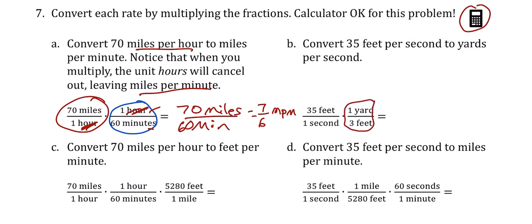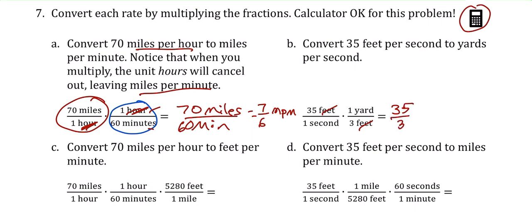Once again, it's set up for us. 1 yard is the same as 3 feet. So that is just something that's really important to know, is that 3 feet in 1 yard. So we're multiplying by 1 again. And the reason we chose that particular ratio is that the feet over the feet is just 1. The 35 and the 3 have to stay. But now what we get is 35 over 3.